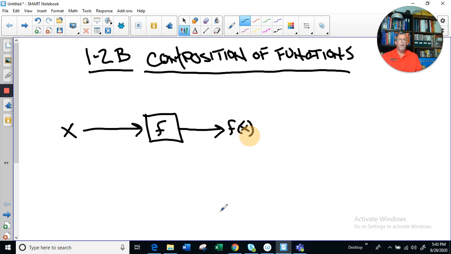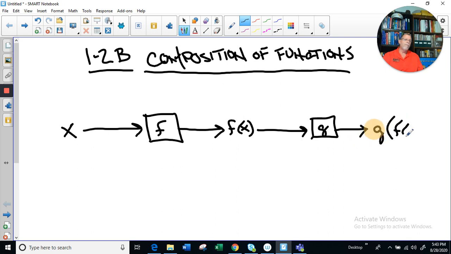We put x in, we put it into the function f, it comes out as f of x. What composition does is one more step. It takes f of x as your input now into a second function, maybe called g. And what we get out of that is g of f of x, where f of x is what we put in, and g at the value of f of x is our final result.